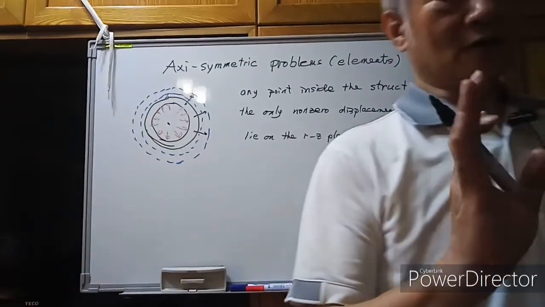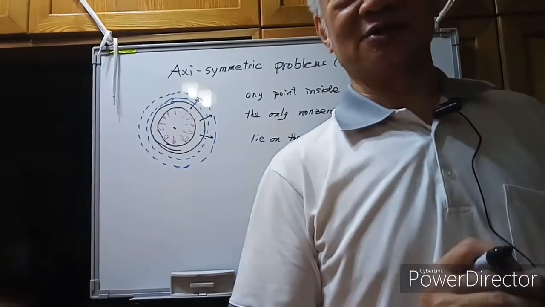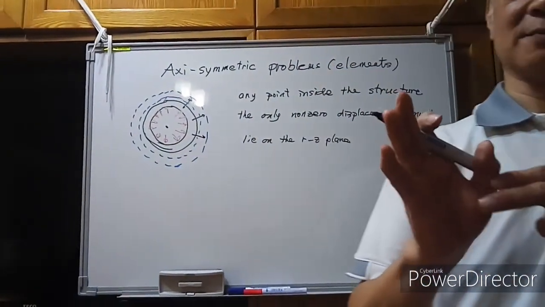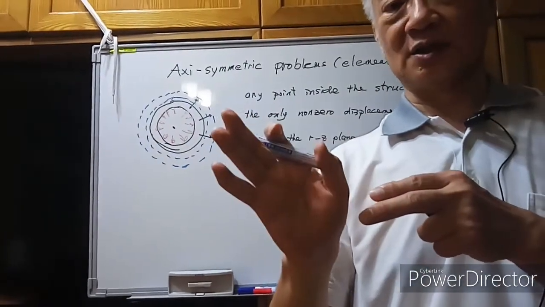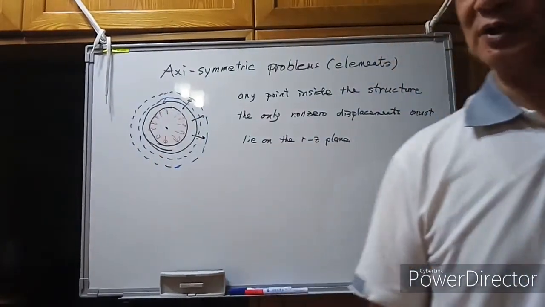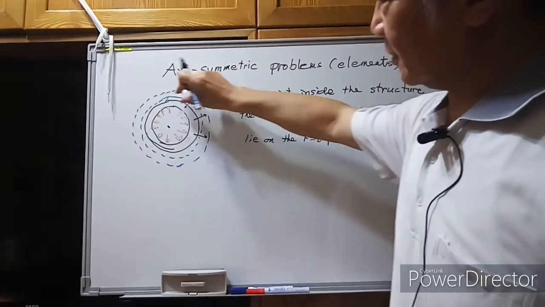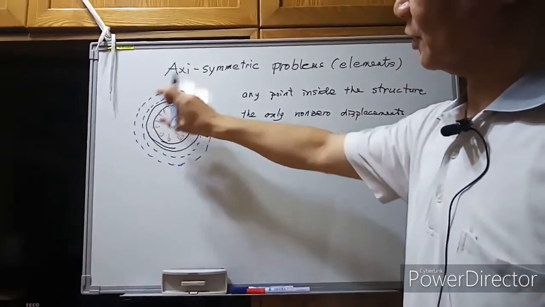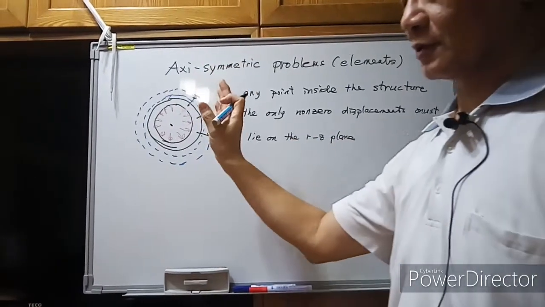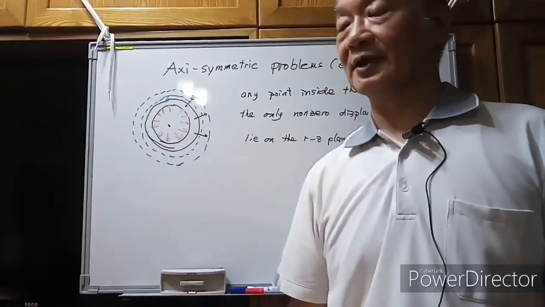But any point inside the structure must move only on the RZ plane. So the displacement will have only non-zero components on the RZ plane.